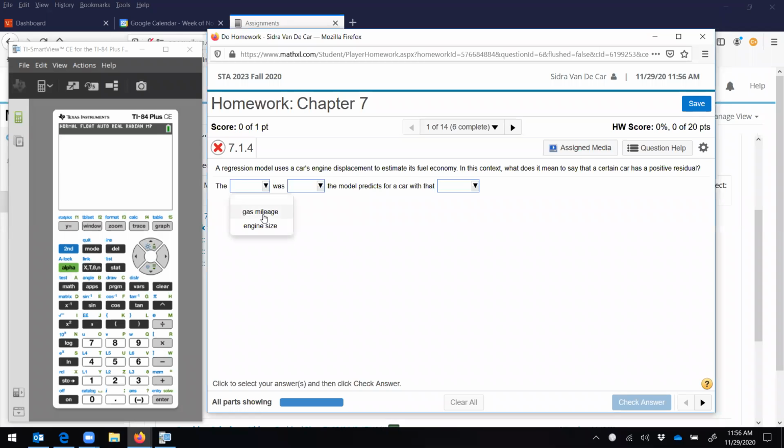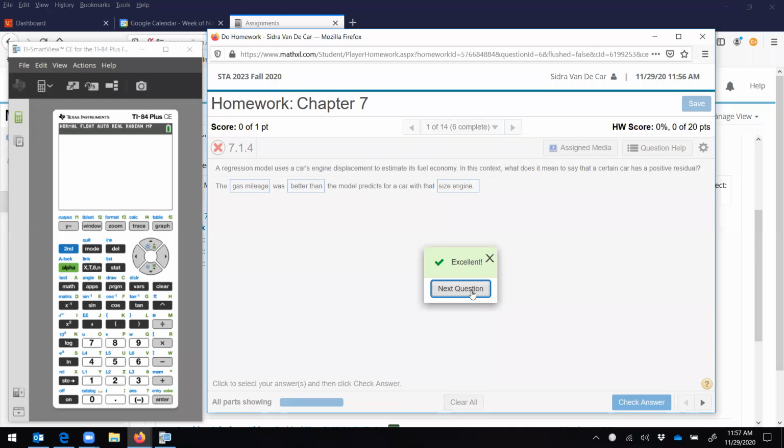So our gas mileage, because we're estimating the fuel economy, was better than the model predicts for a car with that size engine. We're doing the observed minus the predicted to get the residual.